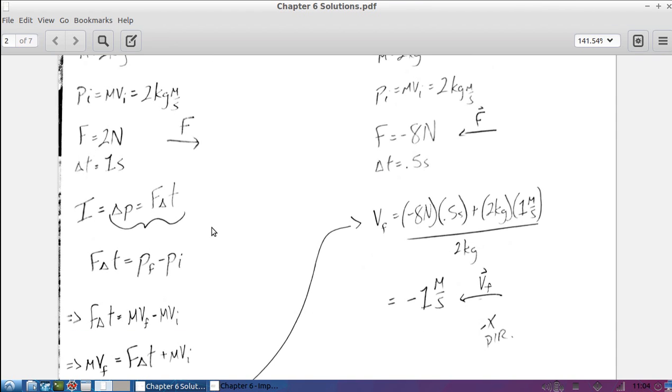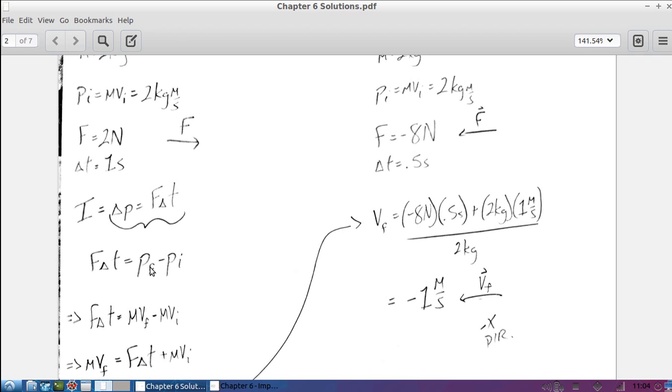So I'm using my impulse-momentum theorem. I'm using delta p and setting it equal to F delta t. Because I know the object's initial momentum and the mass doesn't change, I'm looking for the final velocity that's contained in my final momentum. I calculated the initial momentum, and I'm given the force and the time interval from the graph.